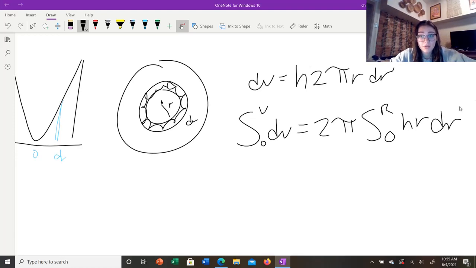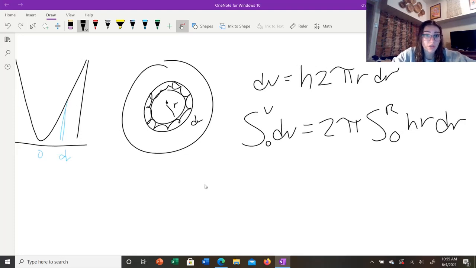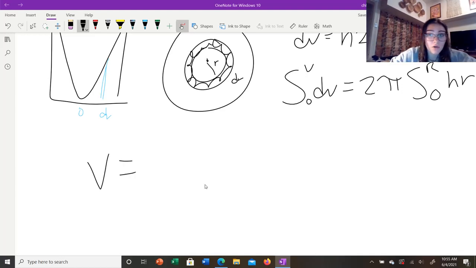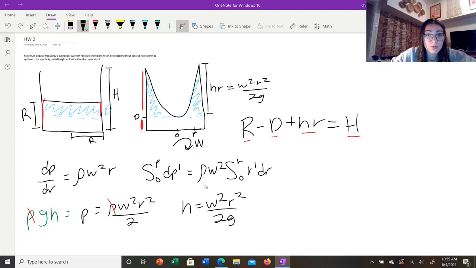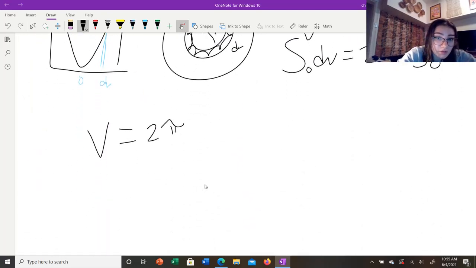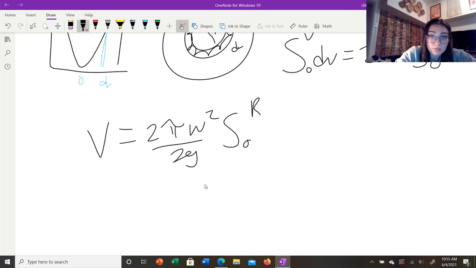Lucky for us, we know what hr is. So now we just need to find the integral of hr. Let's go in and replace this. We know that that is just going to be V, so we'll set that equal to V. We know hr is equal to W squared r squared over 2g. So we're going to pull out the 2 pi W squared over 2g, and we're going to leave the integral from 0 to R, and this becomes r cubed dr. Let's do this integral.